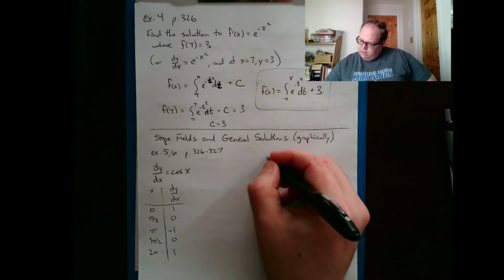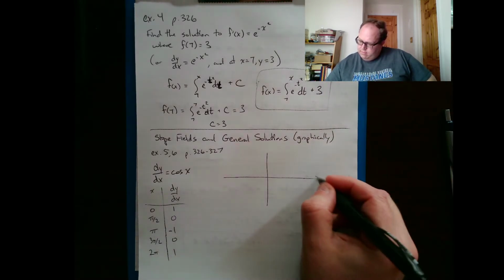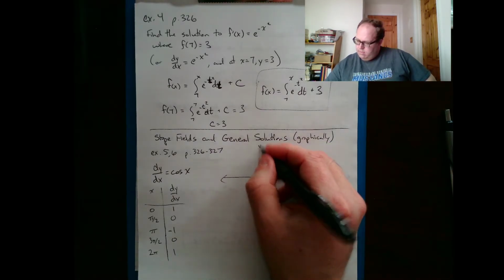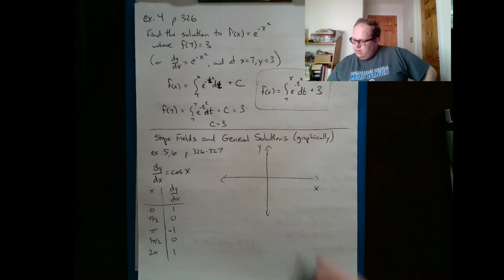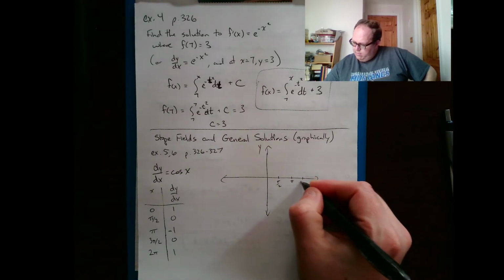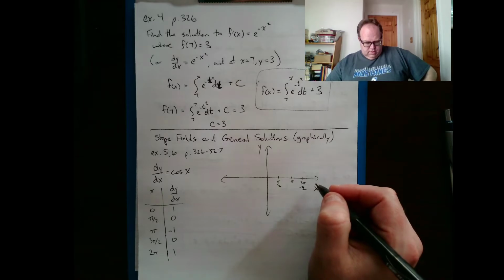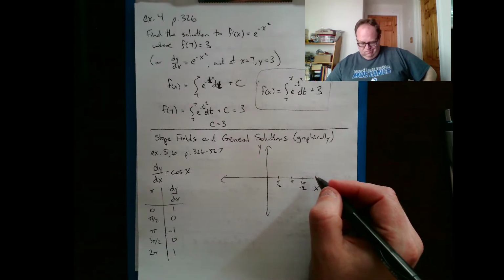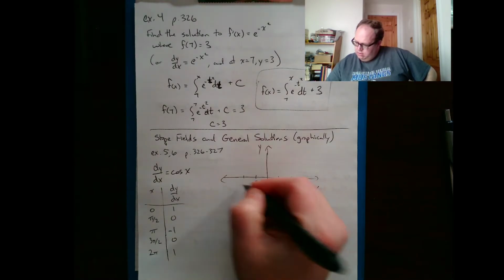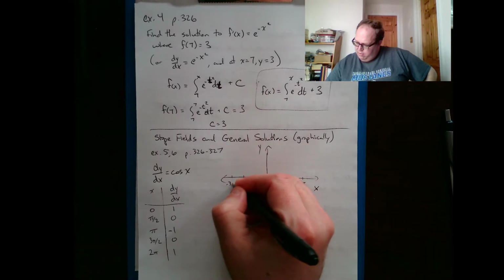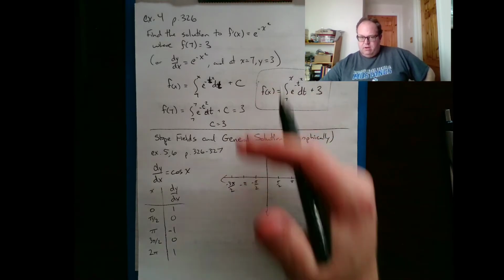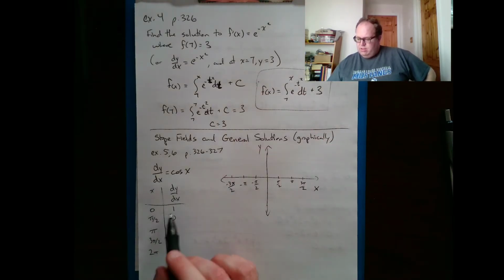What a slope field for this looks like, if I increment this pi over 2, pi, 3 pi over 2, get 2 pi in there. Be a little crowded to get 2 pi in there. Negative pi over 2, negative pi, negative 3 pi over 2. I know that wherever my function is situated, at x equals 0, the slope is going to be 1.